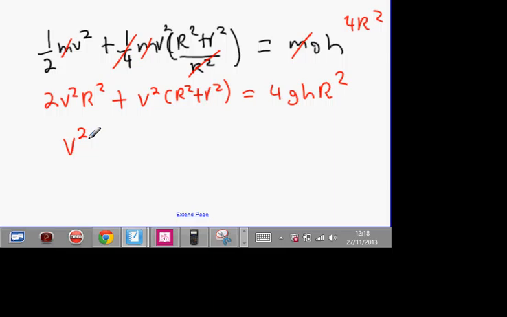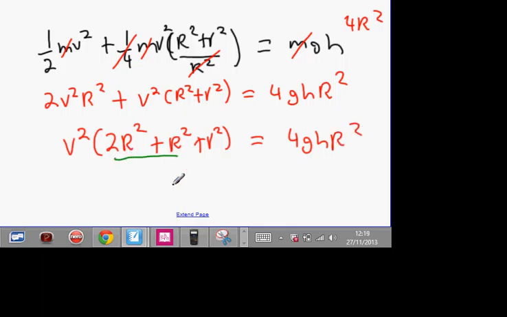So what we do is factorize out v squared, and we're going to get 2 big R squared plus R squared plus small r squared equals 4ghR squared. 2 of these combined gives you 3R squared, so v squared therefore is equal to 4ghR squared divided by 3 big R squared plus small r squared.